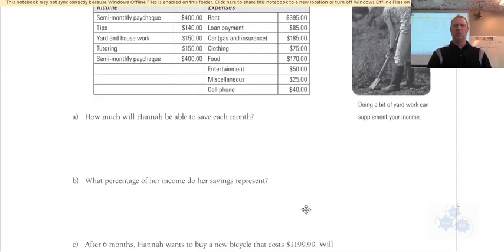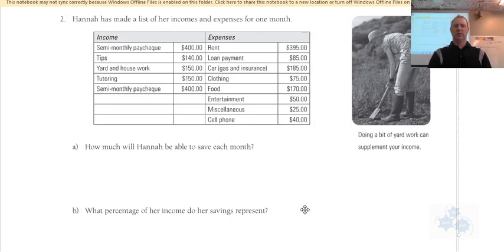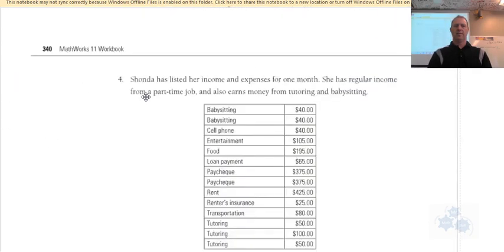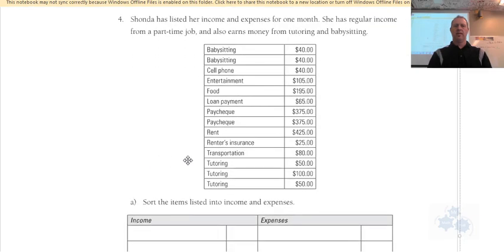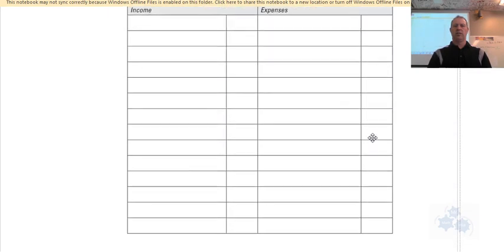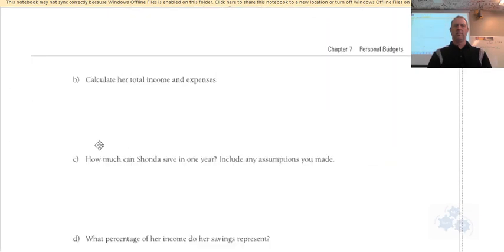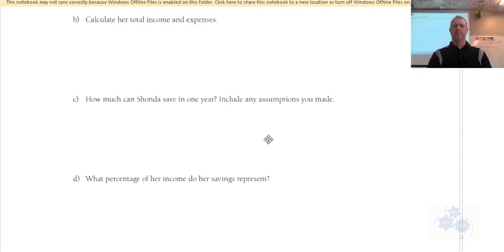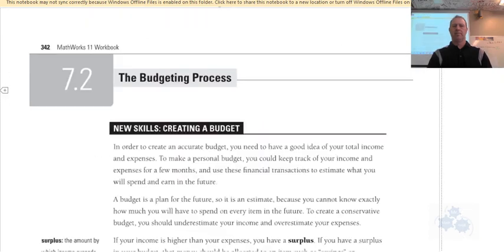There's number 2. 3, and here's 4. Sort that list, income, expenses. And then we'll be ready for 7.2.